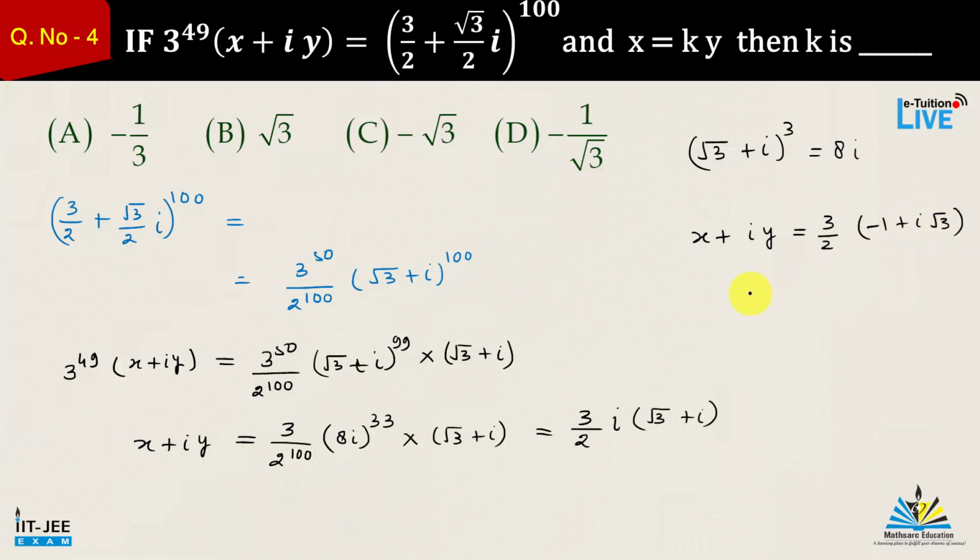So you can observe one thing, that x upon y, that is k, is equal to, if you have x at the numerator and y at the denominator, the common factor will get cancelled out, and hence that is minus 1 upon root 3. So k is equal to minus 1 upon root 3, hence D is the correct answer in this case.